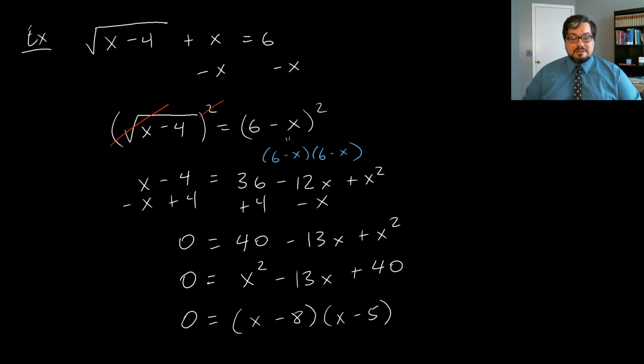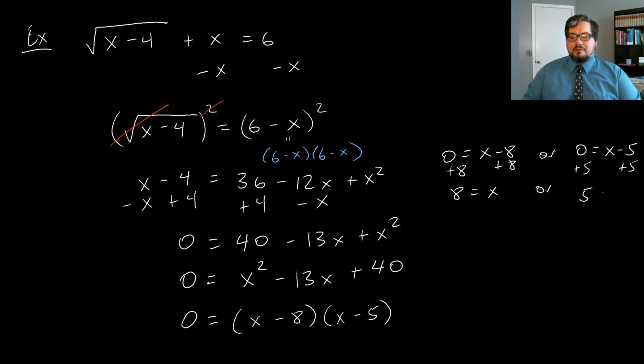And so we get this equation here. So we get that 0 is equal to x minus 8, or 0 is equal to x minus 5. And if we add 8 to both sides, we get 8 is equal to x, or 5 is equal to x.